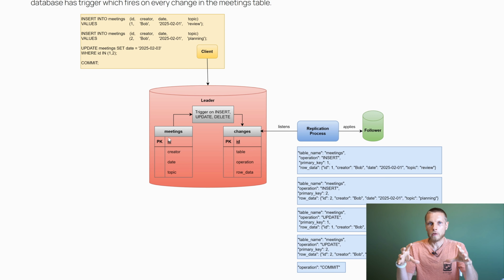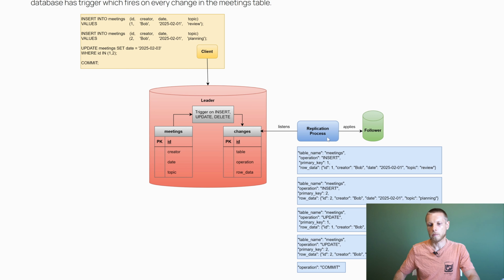We can go even further, and for example, we could replicate just specific rows of the table. For example, there is a big table, but we are interested only in some portion of it, and we can replicate only it. We can also apply any transformation in the replication process, because we have the freedom to change this replication process and transform our changes.